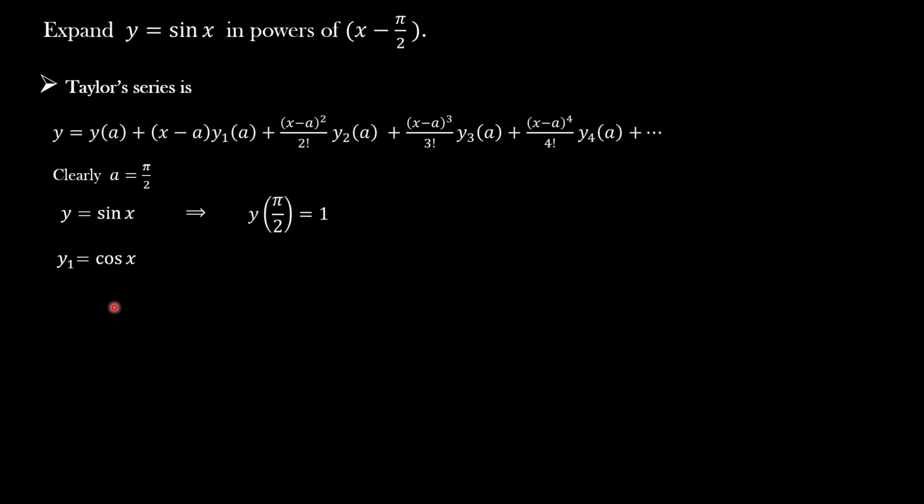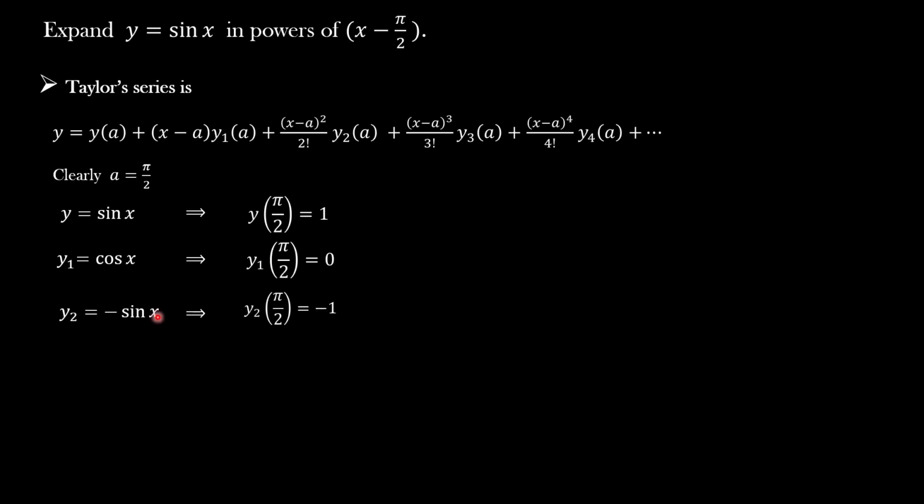To get y1, differentiate y. So derivative of sin x is cos x. Therefore y1 of pi by 2 is equal to 0, because cos pi by 2 is 0. Now y2, derivative of cos x is minus sin x.